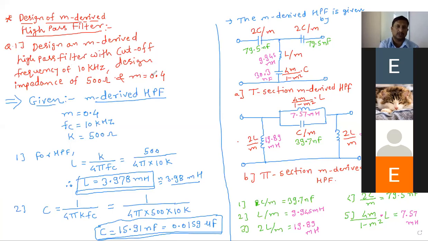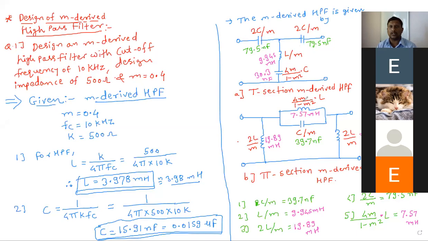Then calculate L and C, draw the diagram, and mention all the values. If the M value is given directly, one step is reduced. If it is not given, you have to calculate M, because everywhere we require M: 2C by M, L by M. So this is the design of the M derived high pass filter.